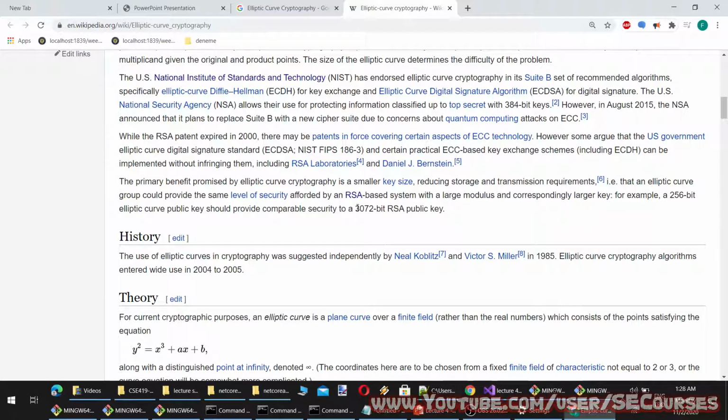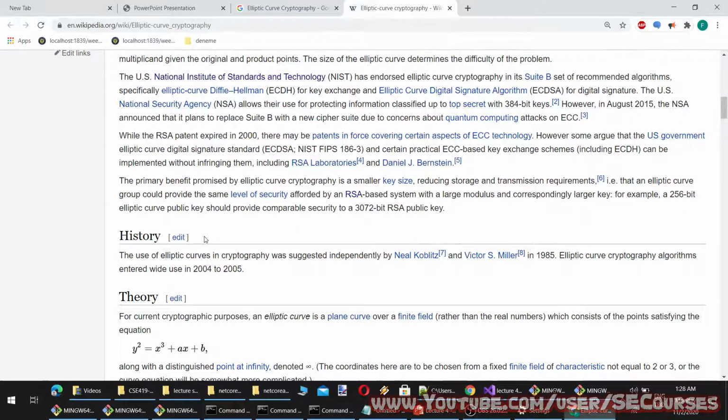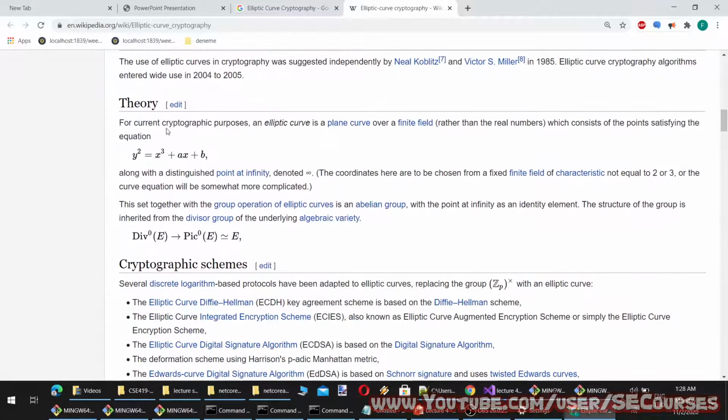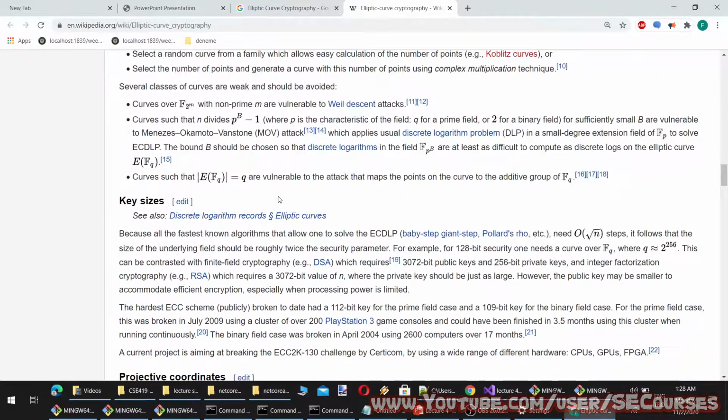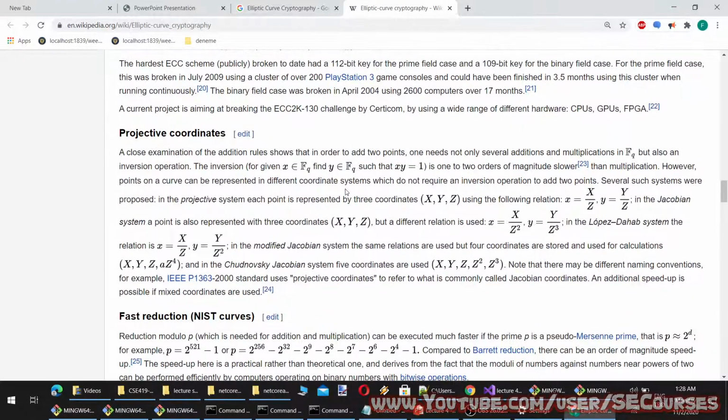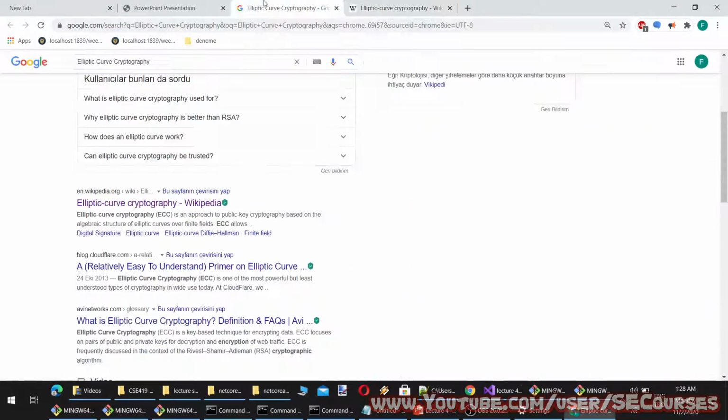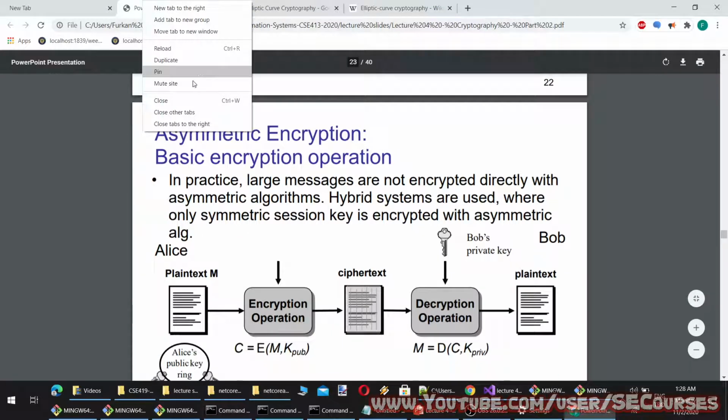So you see this is a huge number, and the same security can be obtained with elliptic curve cryptography with just 256. Okay, there is theory, and I think it would be harder to understand within a small time.